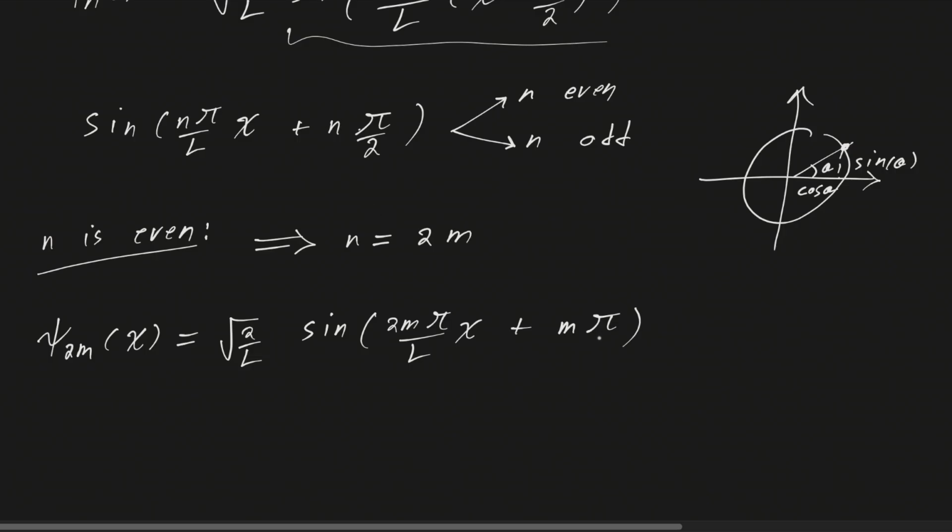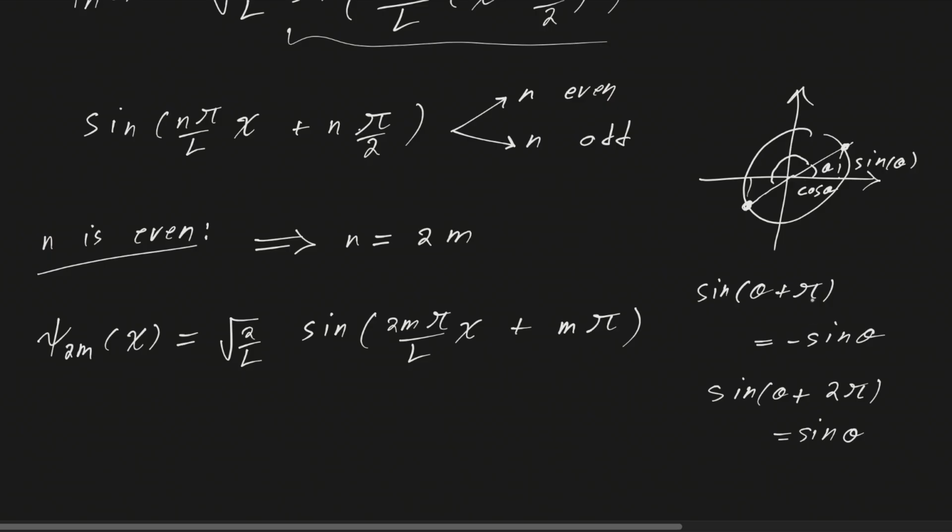So you're adding a multiple of pi, so you can either add 1 pi and you end up here on the unit circle, and this is just going to multiply the sine function. You'll get the exact same sine function but multiplied by a negative. So remember that sine of theta plus pi will equal minus sine of theta, while sine of theta plus 2 pi will equal the sine of theta.